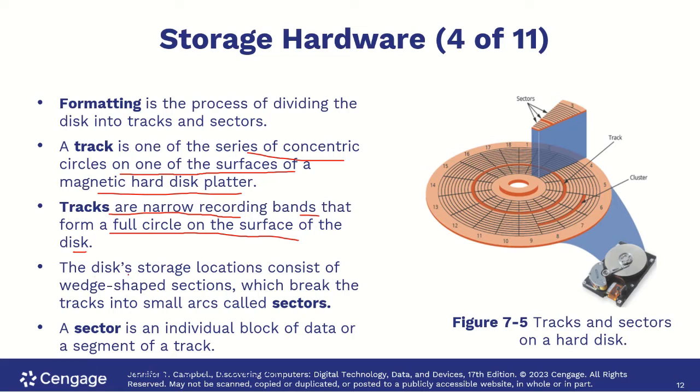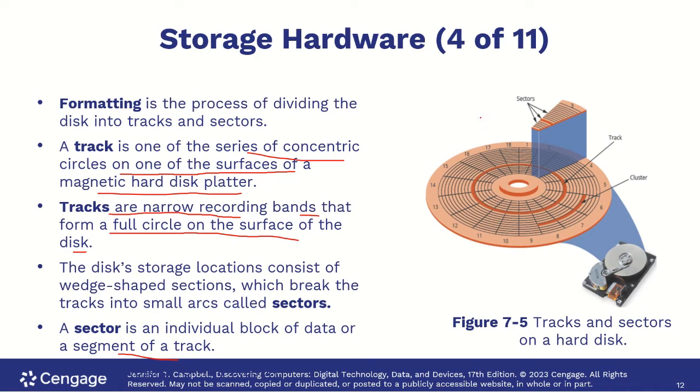Now, the disk storage locations consist of wedge-shaped sections which break the tracks into small arcs called sectors. A sector is an individual block of data or segment of the track.